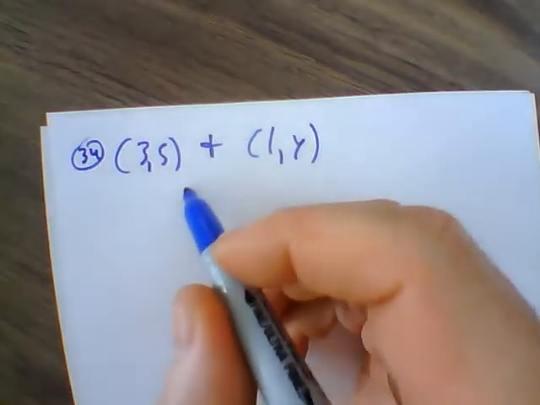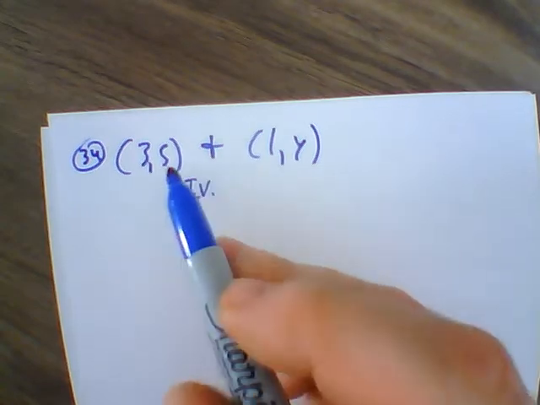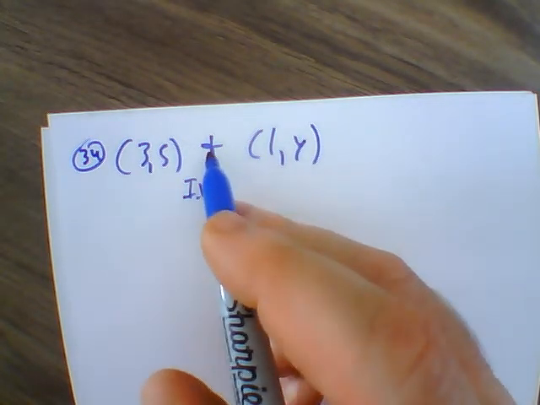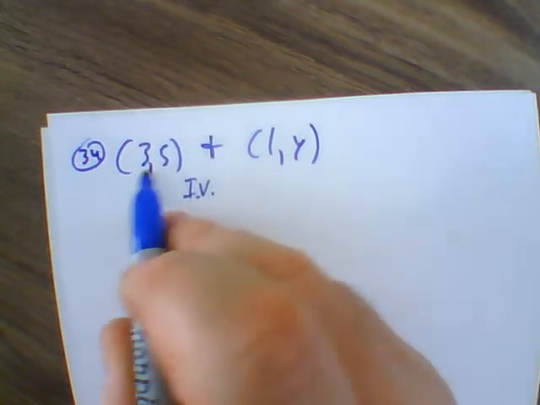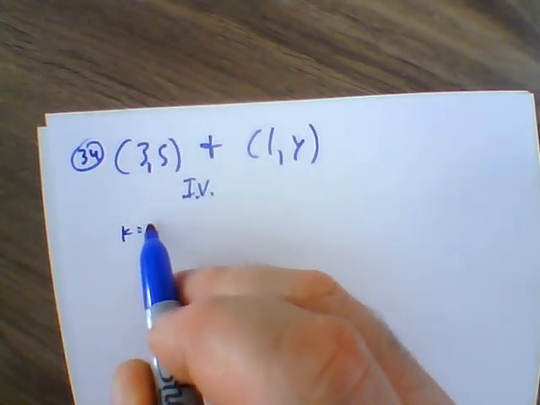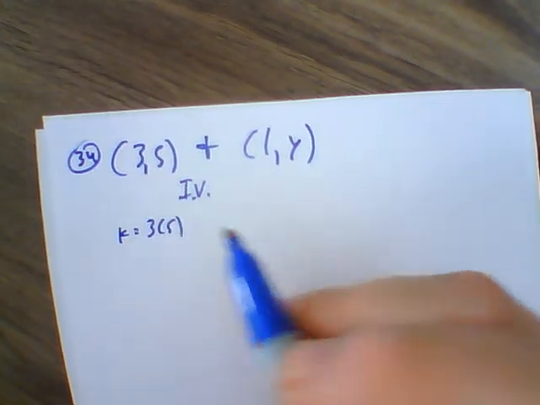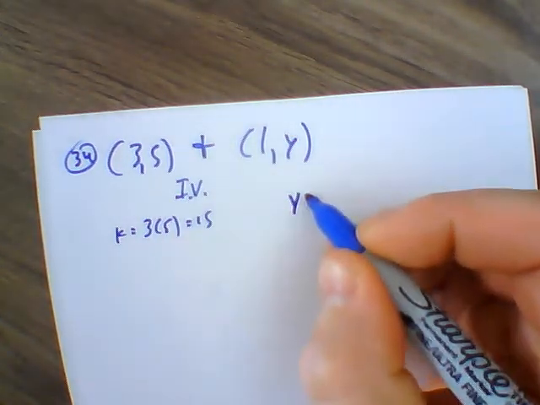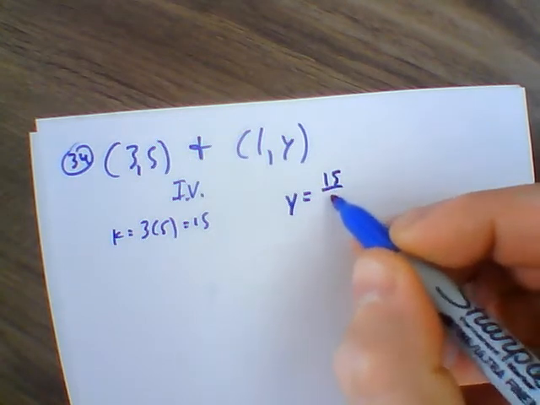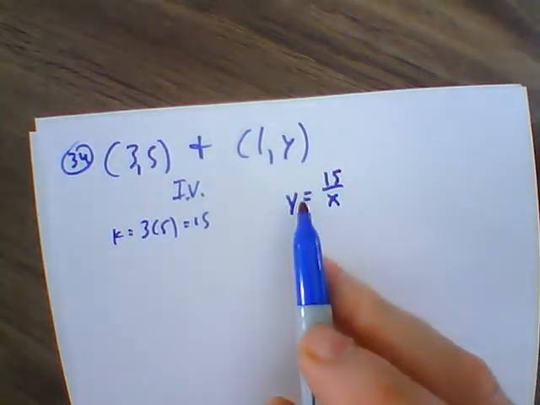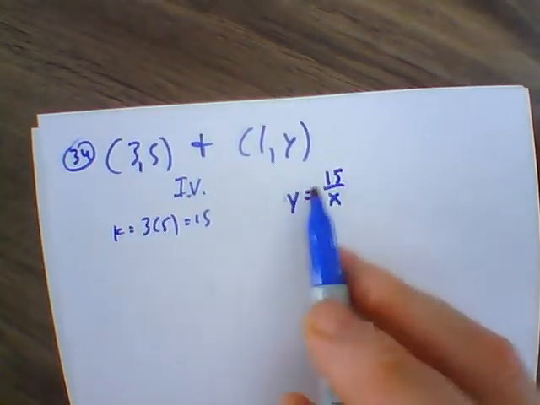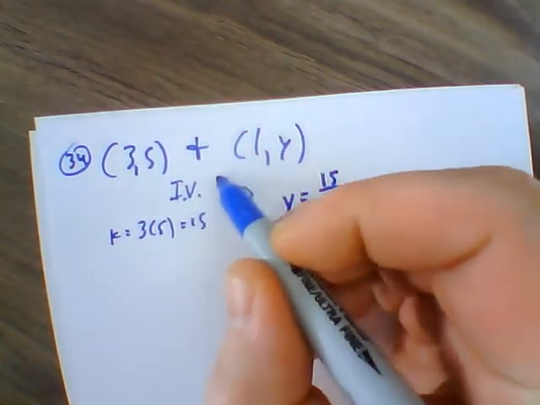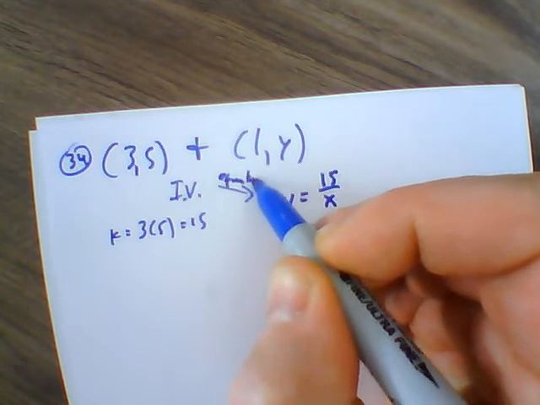So we're given that this is inverse variation, on the same graph. If that's the case, we know that k would have to equal 3 times 5, which is 15. So y equals 15 over x. This is the equation for that inverse variation.